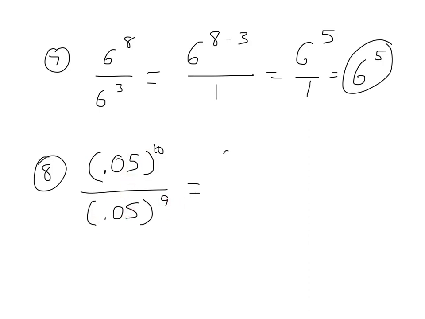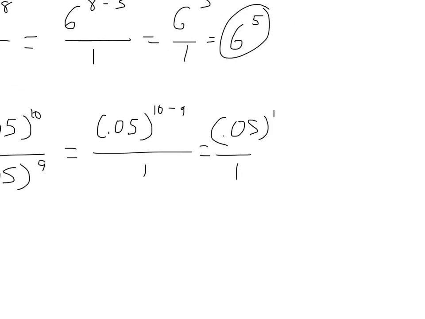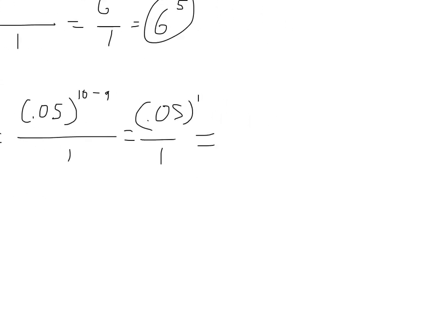So again, write 0.05 on top, then take the top exponent 10, subtract the bottom exponent, which is 9, and put the whole thing over 1. 10 minus 9 is 1 over 1. And anything over 1 is just itself, so I can rewrite this as 0.05 to the first power.